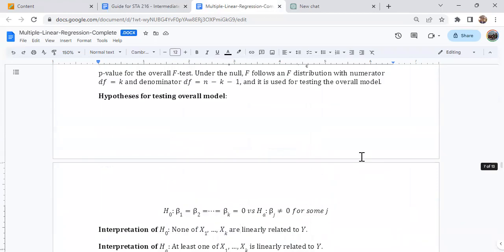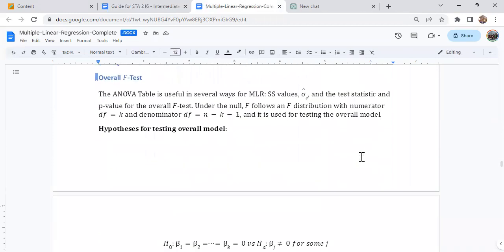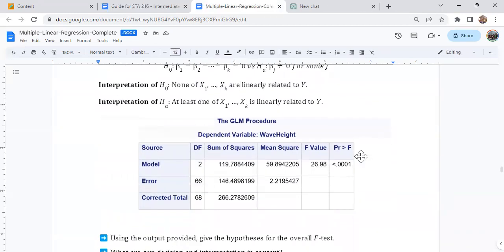Okay, so looking at the ANOVA table for our two predictor model, where we were predicting wave height using temperature and wind speed, you can see the DF model is two predictors. The degrees of freedom total is n-1, so that's how we knew there was 69 observations.